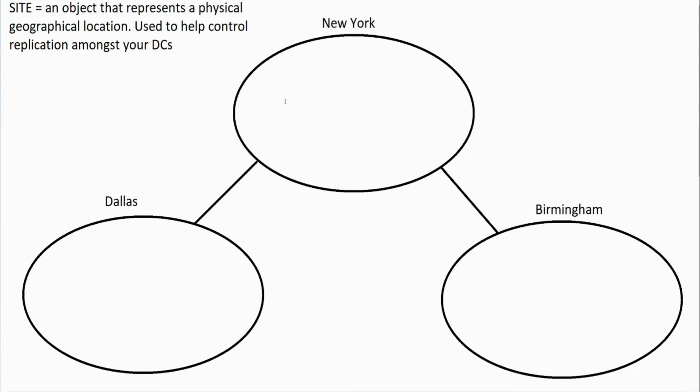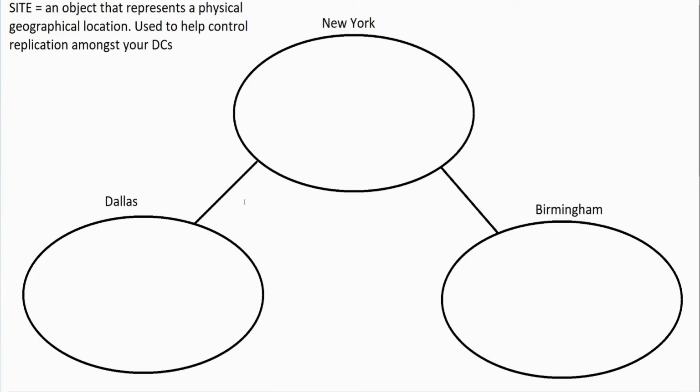So we have to go into Active Directory and configure it so that it knows how things are laid out. In my little imaginary example here, we're going to say that we have 3 locations. One is in New York City, one is in Dallas, Texas, and one is in Birmingham, Alabama. Ovals are usually the symbol that represents a site when you're drawing this out, so that's why I've used ovals.